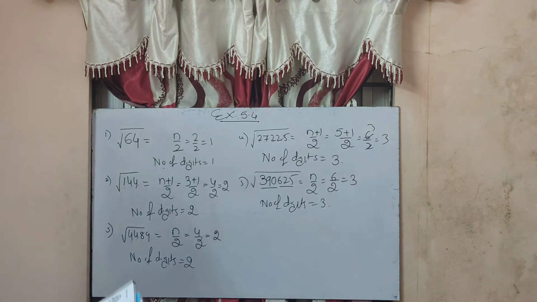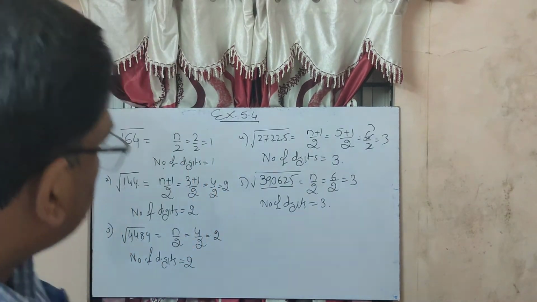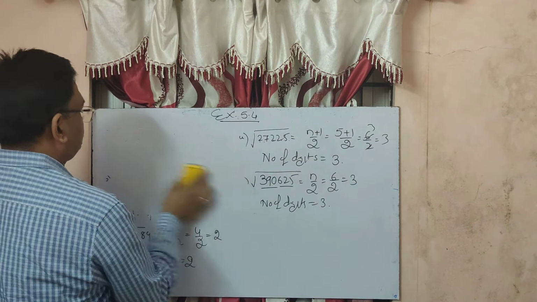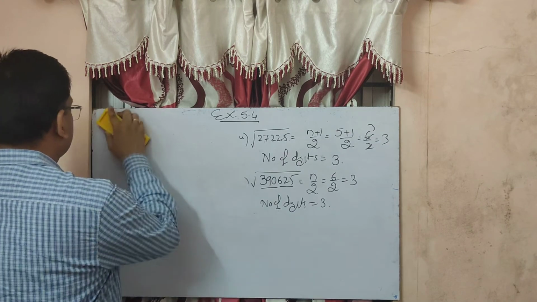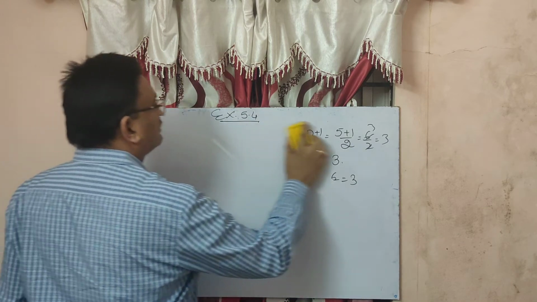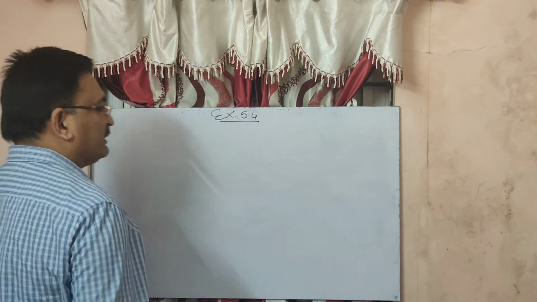Okay, now the next question, that is the third question. Student, you need to remember squares and square roots of numbers up to 25.